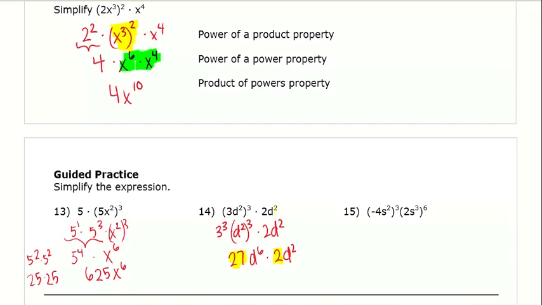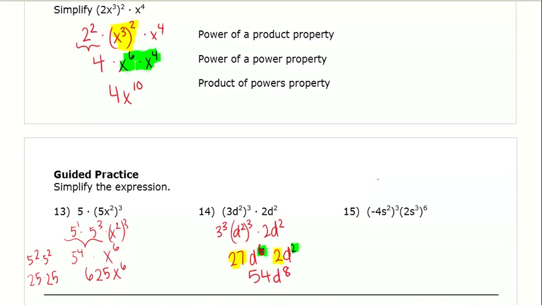We have some coefficients we're going to multiply, and we're going to add our exponents together. So that should give us 54 d to the 8th.